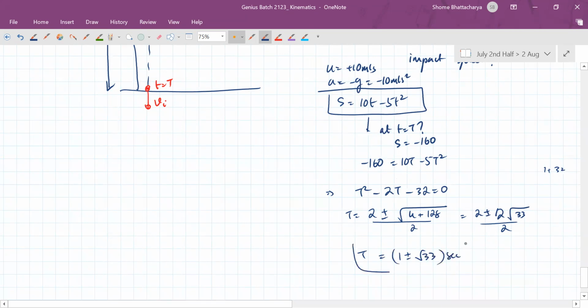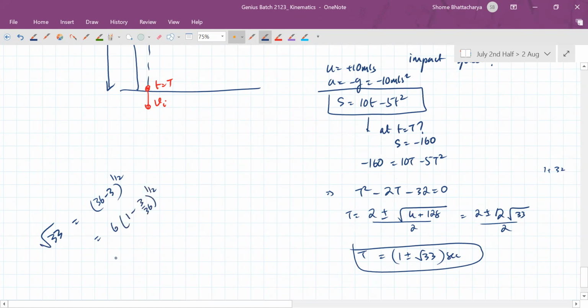Now one of the roots is negative. Now this root 33 seconds you can solve like this. You can write this as 36 minus 3 to the power half. Okay. So you can write this as 6 into 1 minus 3 by 36 to the power half. Now you can use binomial approximation. We discussed once about binomial approximation, I'm sure, before.